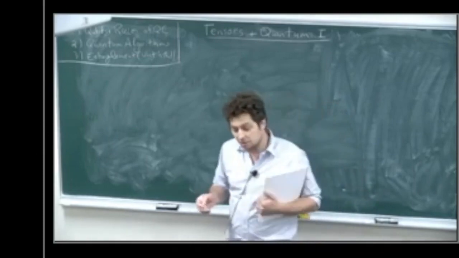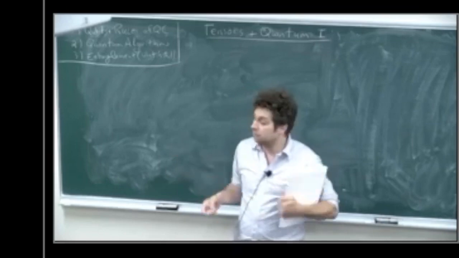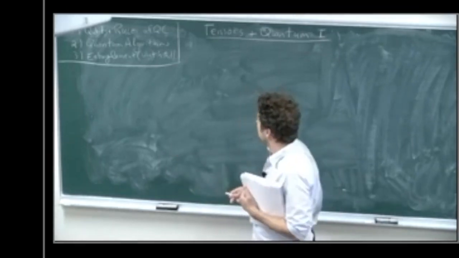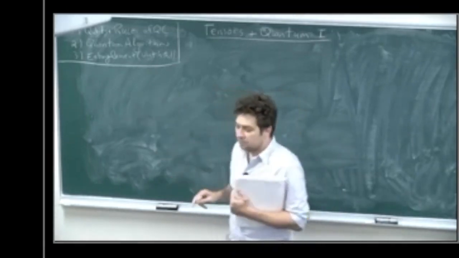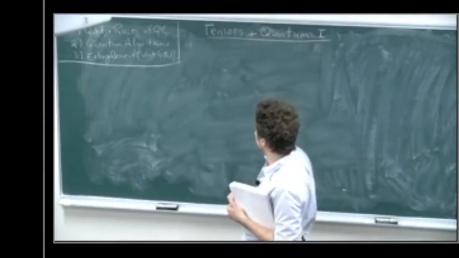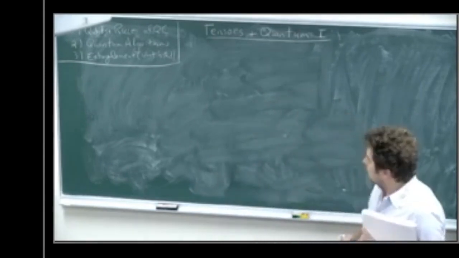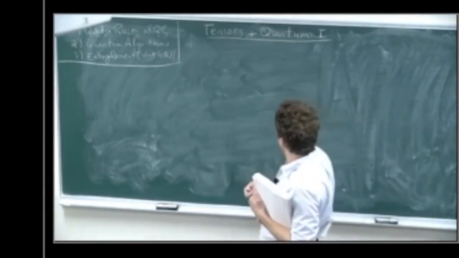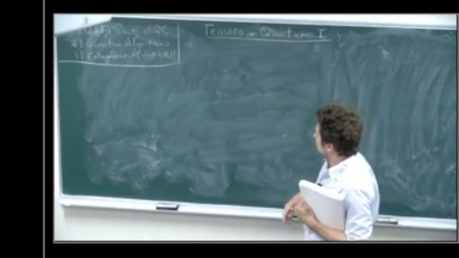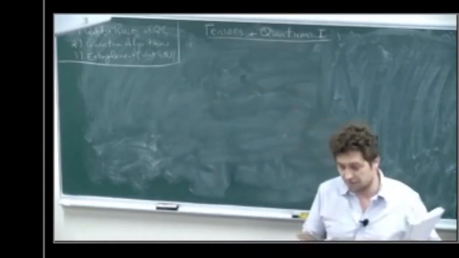And that has a lot to do with entanglement that develops in the quantum computer as you run your algorithm. But in order to really clarify that, we have to talk a little bit about what entanglement is and how you measure it. Then the next talk will be three little stories about how tensors come up in quantum computing.